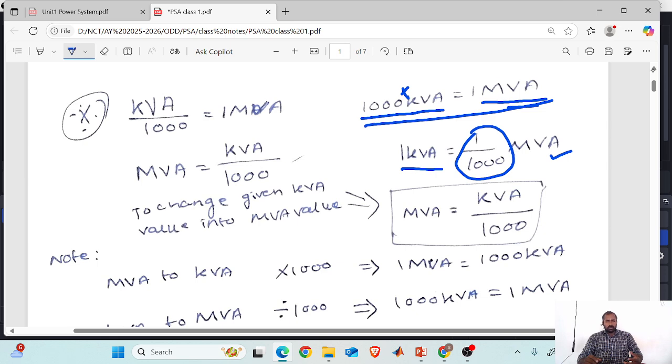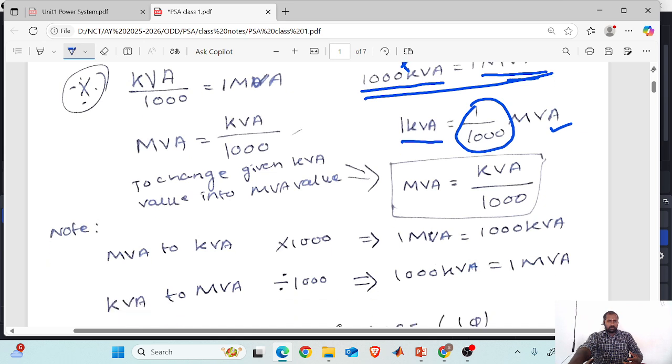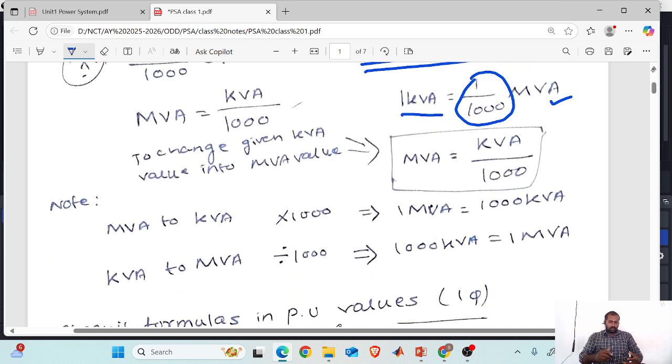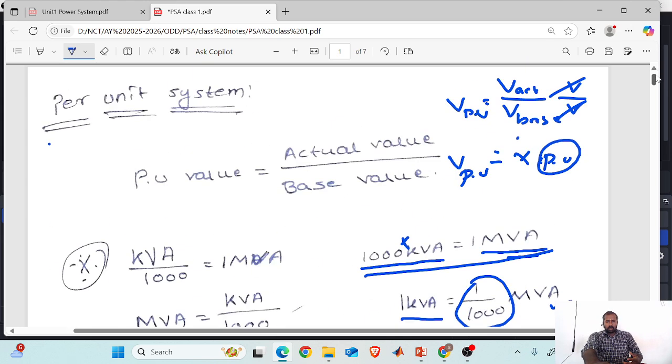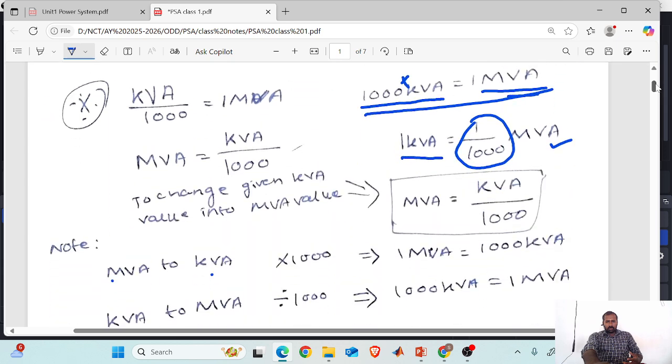So that's it. If I want to convert MVA to kVA, as I already told, you have to multiply by 1000.